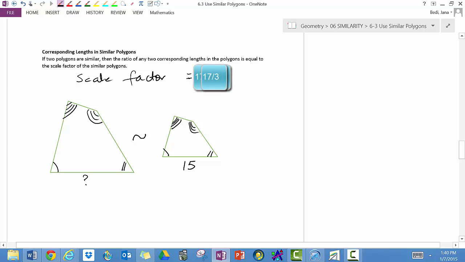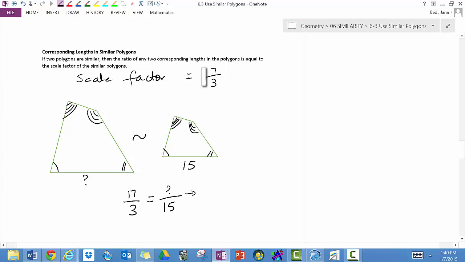So the way we set this up is we have to say, oh, the scale factor is 7/3. That's going from big to small, and that's going to be the question mark. That's what we want to find over 15, and we'll give it a variable name.